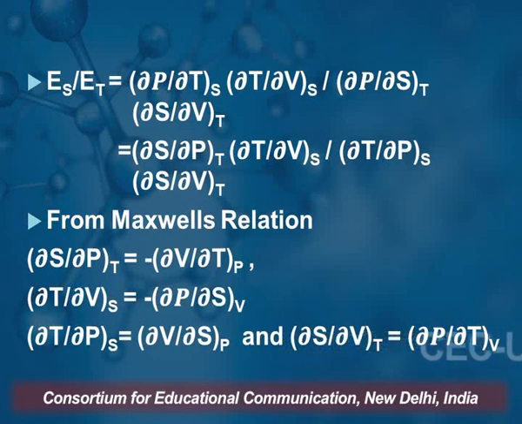Delta T by delta P at constant S is equal to delta V by delta S at constant pressure, and delta S by delta V at constant T is equal to delta P by delta T at constant V. So you can see that we are using all the four Maxwell's relations in this particular problem.